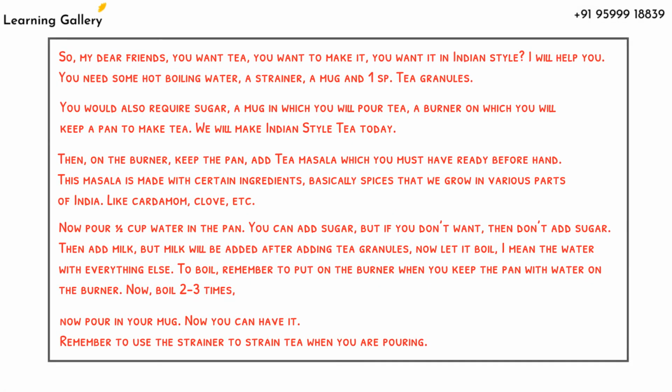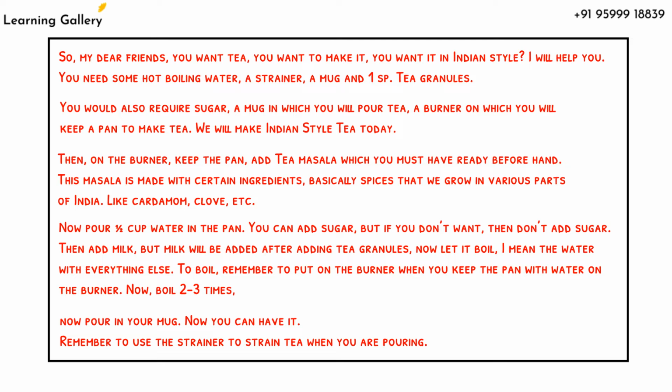So my dear friends, you want tea? You want to make it? You want it Indian style? I will help you. You need some hot boiling water, a strainer, a mug, and 1 spoon tea granules. You would also require sugar, a mug in which you will pour tea, a burner on which you will keep a pan to make tea.